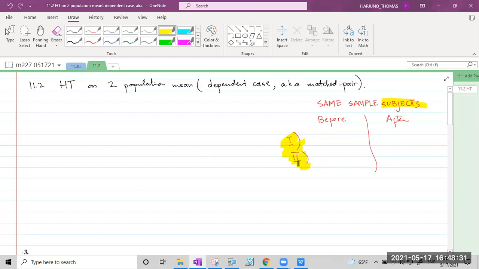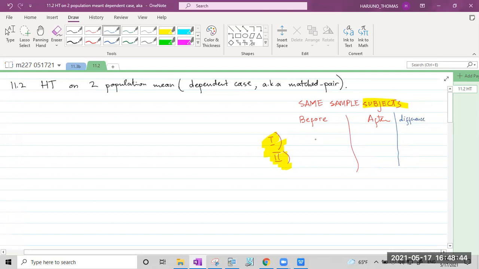Now the way we will do this is we will find the differences. Even though we have, let's say, n subjects, so we will have 2 times n numbers, we will end up with only n differences. We'll have the first difference, second difference, all the way to dn, the difference for subject number n.